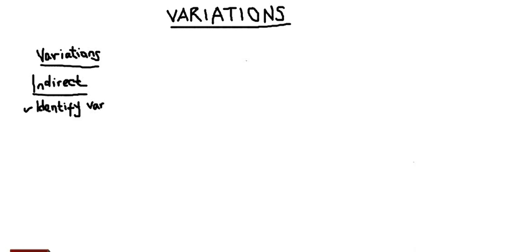Then the second step is the notation of inverse variation. So what is the notation of inverse variation?